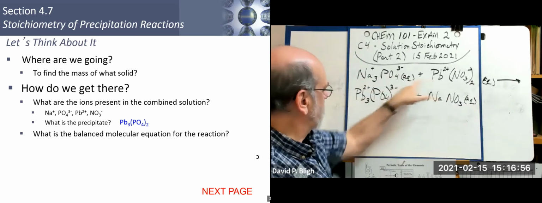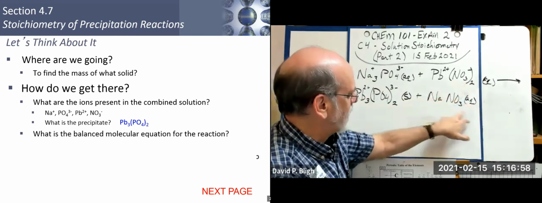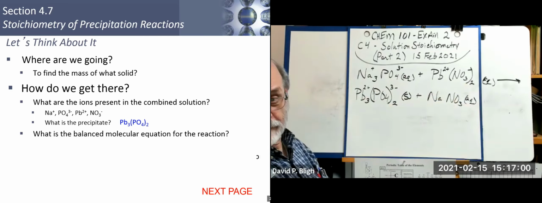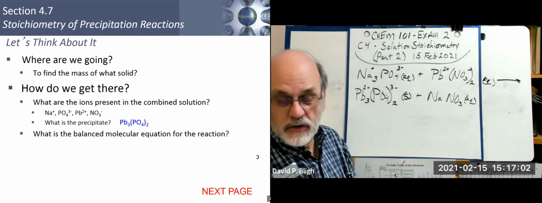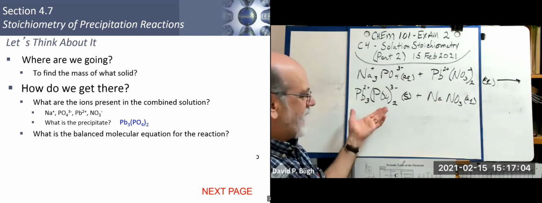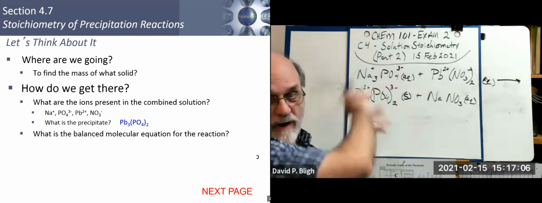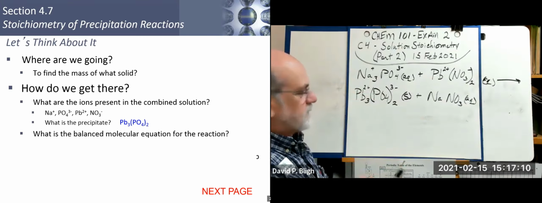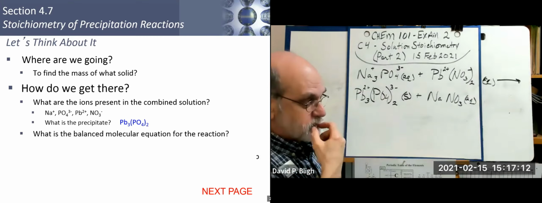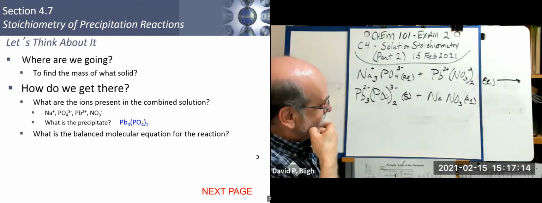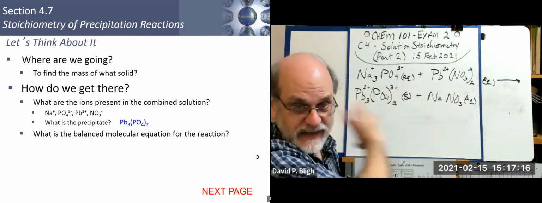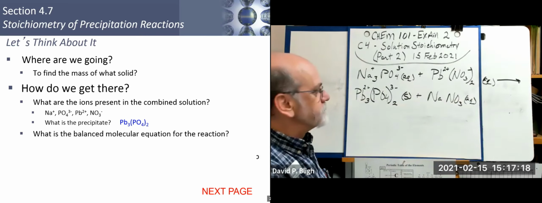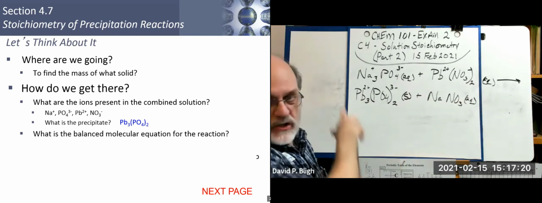Sodium, sodium, lead, lead, nitrate, nitrate. Okay? So you can use your budget. I can't use the budget here because I wrapped around, so I can't draw it right. So I'm going to do it in my head. But if you string it out on a piece of paper, then you can use the budget.